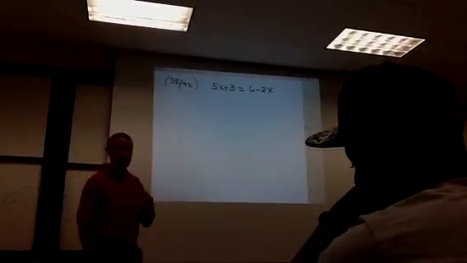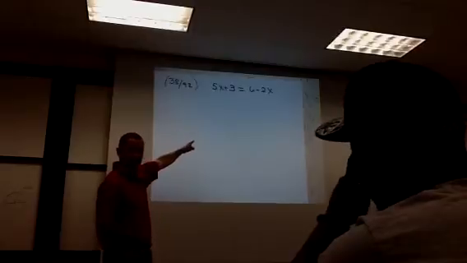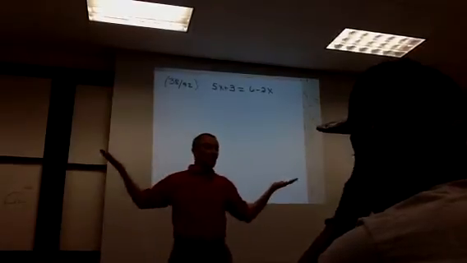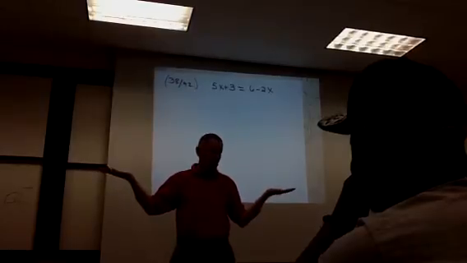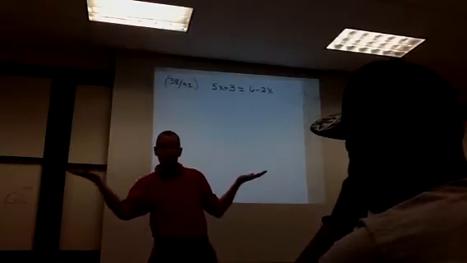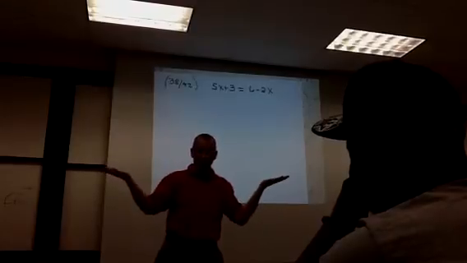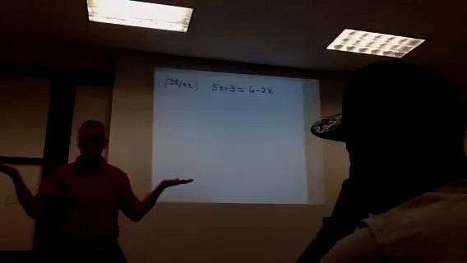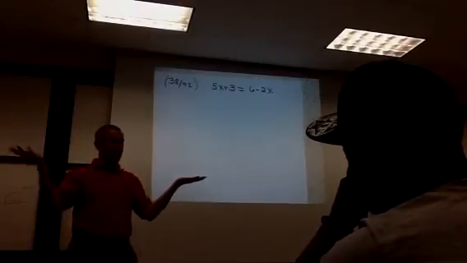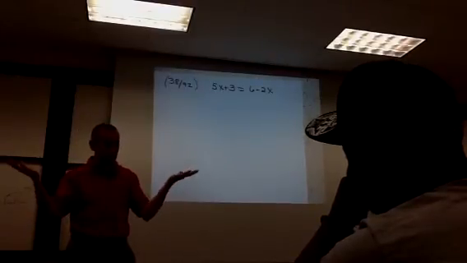The one concept you need to keep in mind is that equal sign right there. That tells you that an equation is a balanced scale. The equal sign says the weight on this side is the same as the weight on this side. And you know how physically a scale works. If it's balanced, whatever you do to one side, you have to do to the other to keep it balanced.